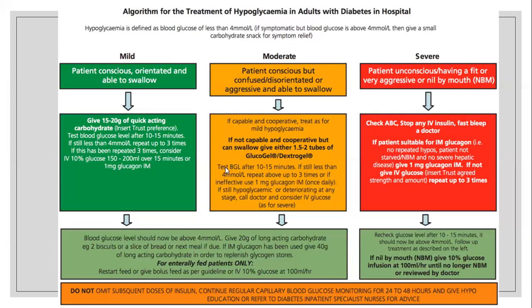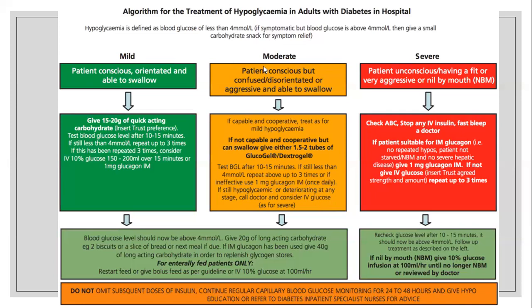Also, we check the blood sugar after 10 to 15 minutes. If still less than 4 millimole per liter, repeat the above up to 3 times, or if ineffective, use 1 milligram glucagon intramuscular. If still hypoglycemic or deteriorating at any stage, call the doctor and consider IV glucose.